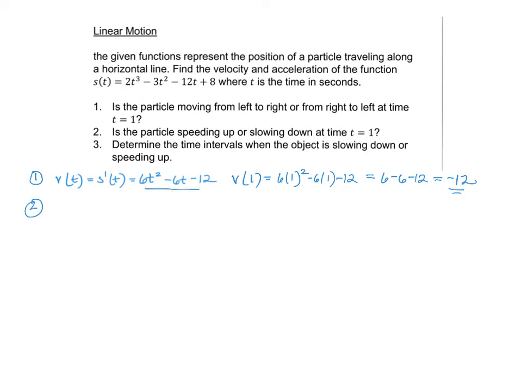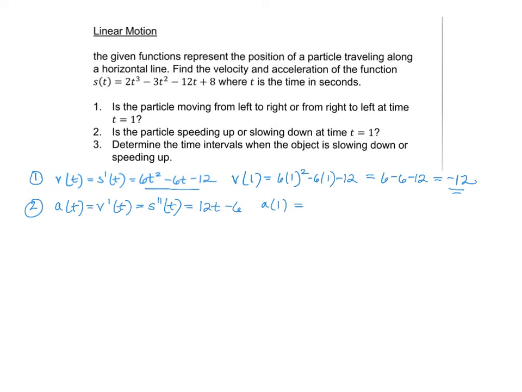So the acceleration is actually equal to the derivative of the velocity, right? It's the change in the velocity is the acceleration, which is also equal to the second derivative of the position. So we take the derivative of this and we get 12t minus 6. All right, and so let's go ahead and find the acceleration at time 1.